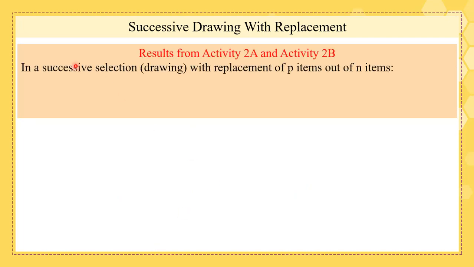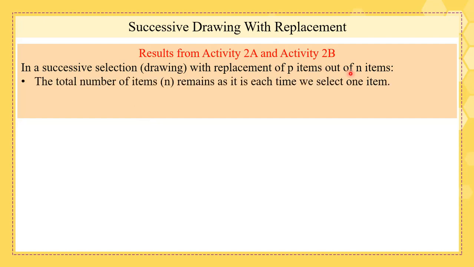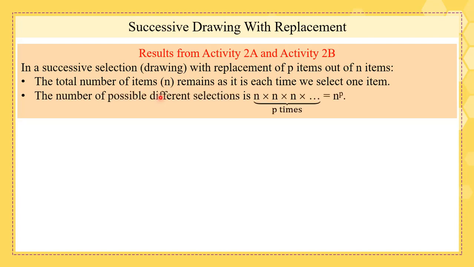Let's see the results. So in a successive selection with the replacement of p items out of n items, first we see that the total number of items remains as it is without any change, and we can see that the number of possible selections is n multiplied by n multiplied by n, which is n to the power p.